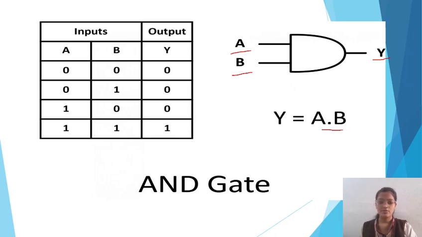In the truth table, A is 0 and B is 0, so y equals A dot B, 0 dot 0 equals 0. For A 0, B 1, 0 dot 1 equals 0. For A 1 and B 0, 1 dot 0 equals 0. And for inputs A 1, B 1, 1 dot 1 equals 1. It means only if both inputs are 1, the output becomes 1.